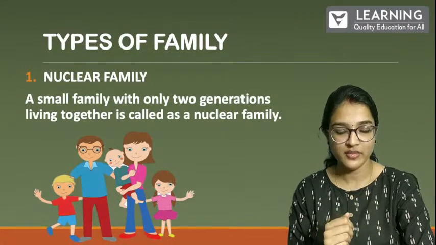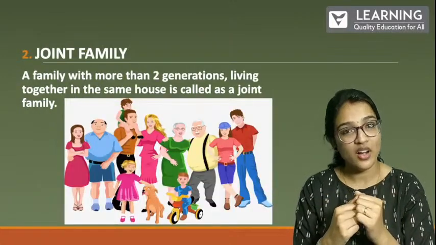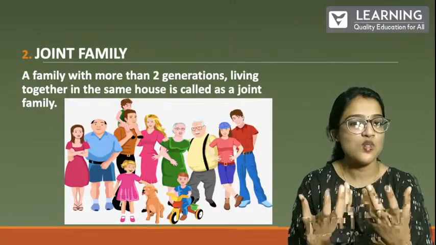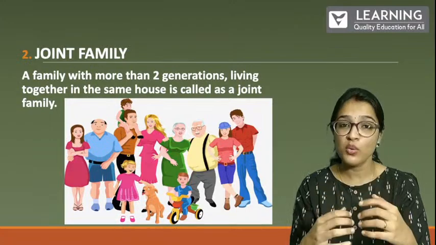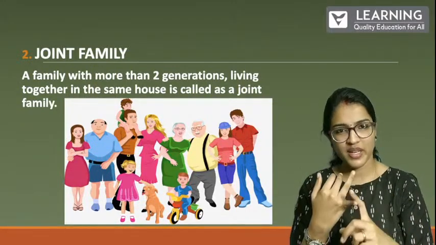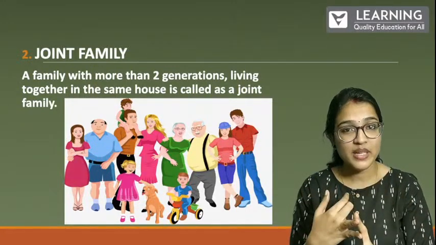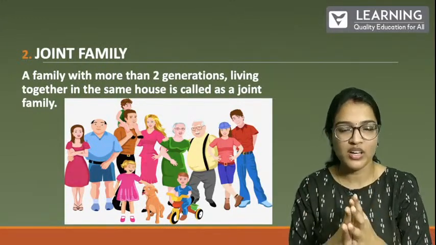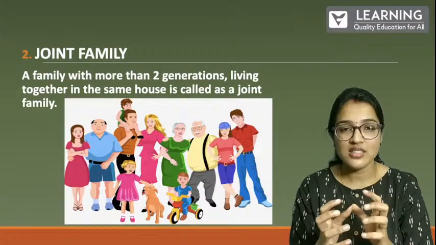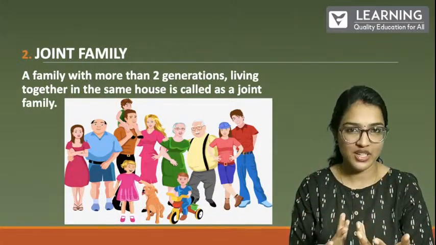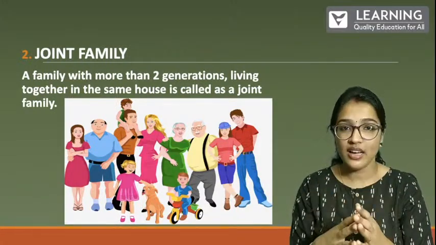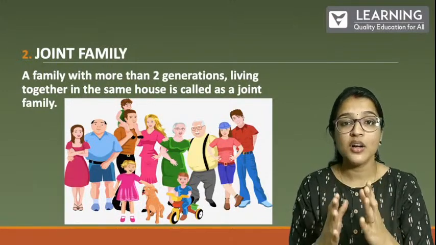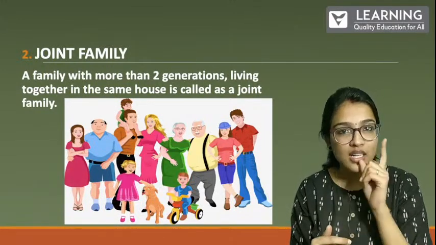Then what will be a joint family? Just the opposite, right? There will be more than two generations. Grandparents will be there, parents will be there, uncle, aunt, cousins, children, many more. So a family which consists of more than two generations is known as a joint family, and they all should live in one single house.